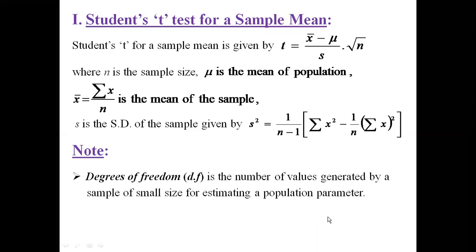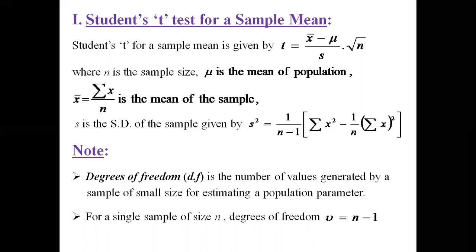So while doing problems, for a specific degrees of freedom we will be evaluating the student t, and the calculated value of t will be compared with the table value of t for a particular degrees of freedom. For a single sample of size n, degrees of freedom is given by nu is equal to n minus 1.